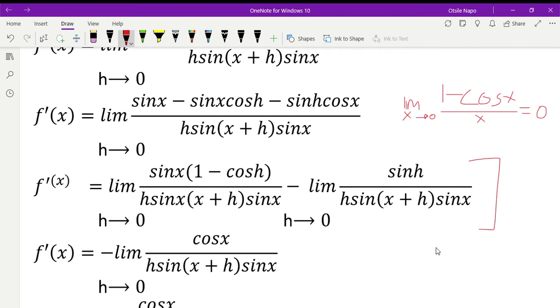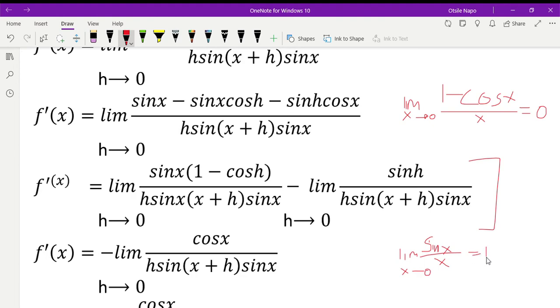And the second limit, let me write down here, the limit of sine x divided by x as x approaches 0 equals 1.